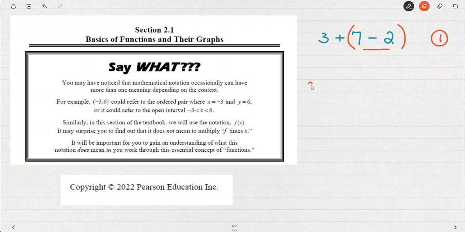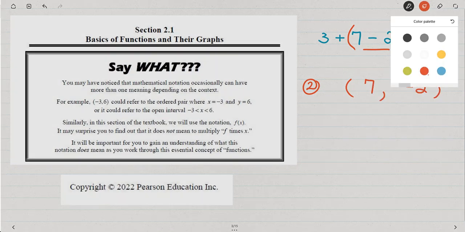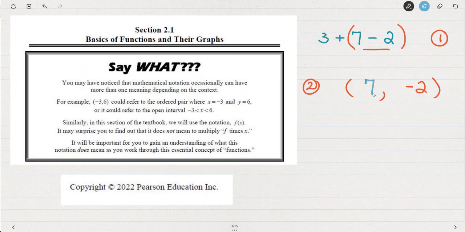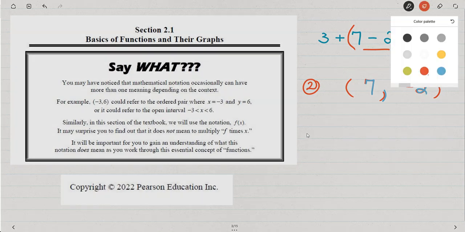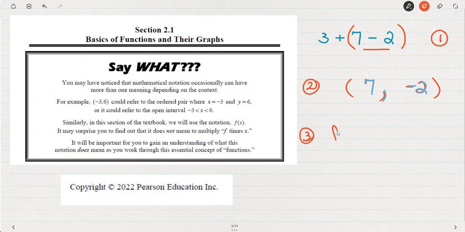Another way that we've seen parentheses is with an ordered pair. So this use of parentheses where we see a 7 comma negative 2 in the parentheses is completely different from the first. And then we'll look at a third example of parentheses, and that's where we are now with f of x. We'd read this f of x.